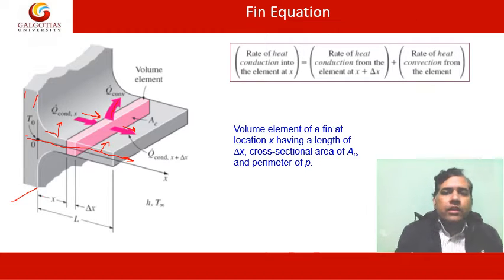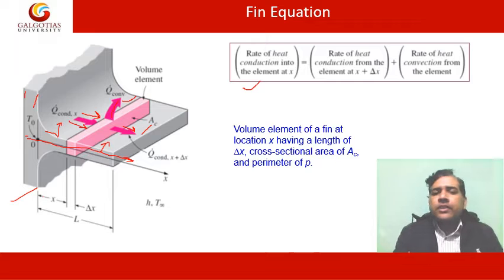If we look at this figure, we can say that the rate of heat conduction into the element at x, this heat entering the element, is basically leaving in two ways. One is by conduction and another way is by convection. So the rate of heat conduction into the element at x will be the sum of the rate of heat conduction from the element at x plus delta x, means from this surface, and the rate of heat convection from the element.